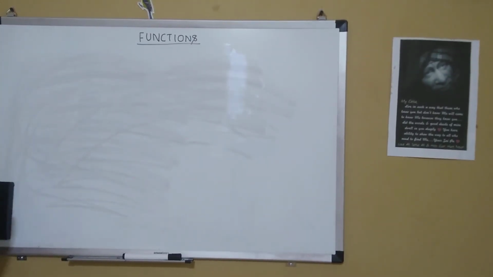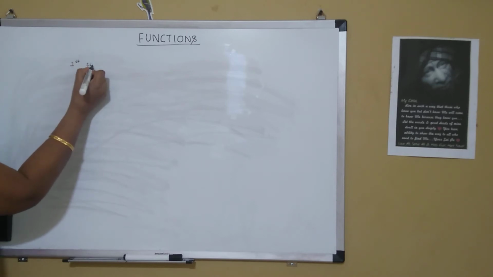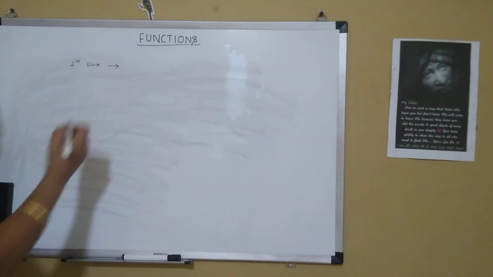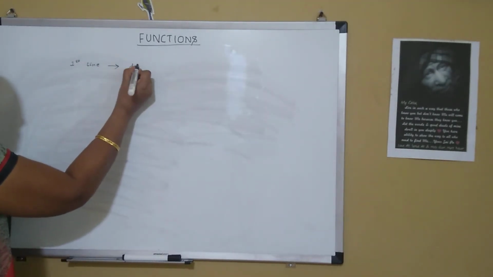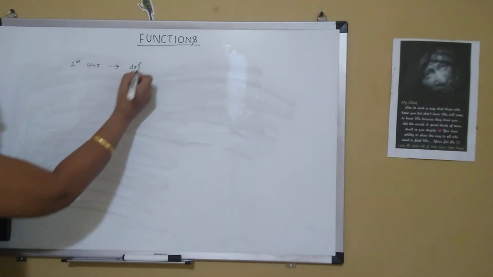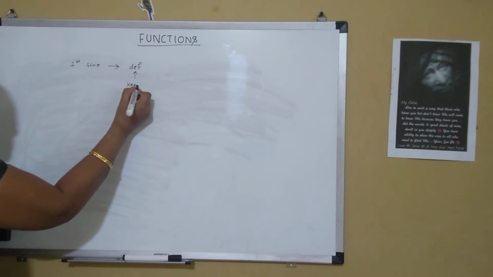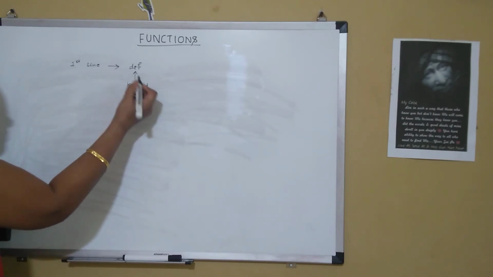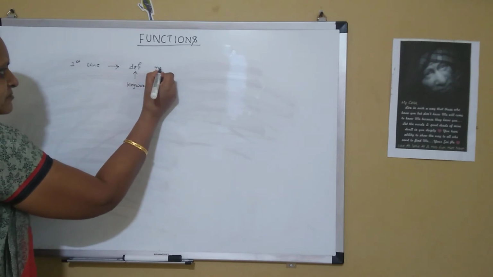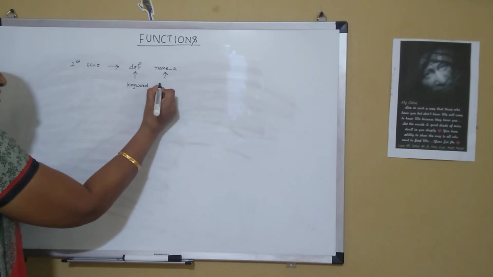So the first line should start with the def keyword. If we are defining a function, the first line should start with the def keyword. This is the keyword. After that, we have to give a space and specify the name of the function. name_1, this is the function name.